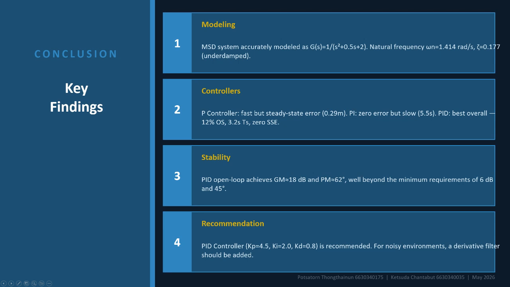To wrap up our presentation, let's focus on the key insights from our study. We began by modeling a mass spring damper system, which serves as a fundamental example of a second-order mechanical system.